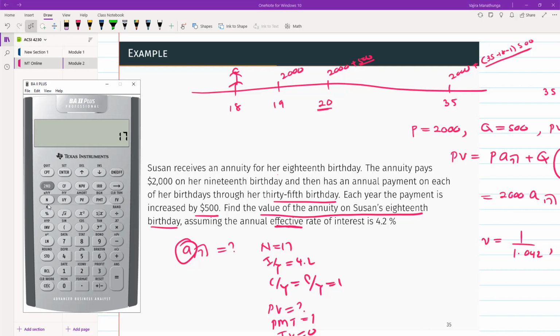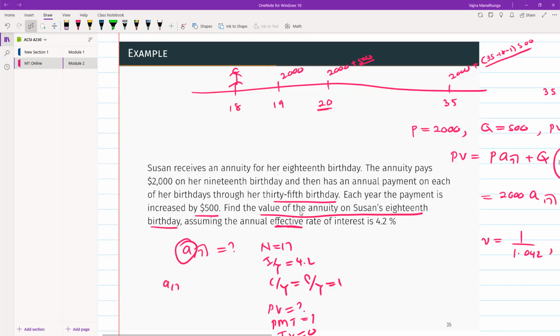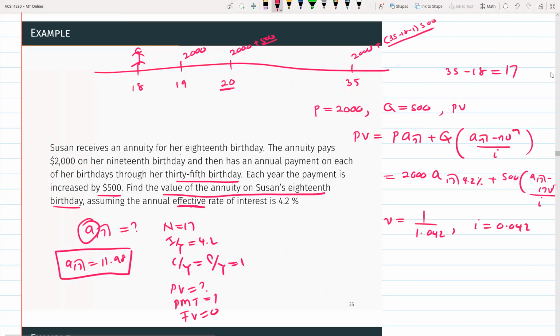Did I enter that? Okay, so compute present value. It's going to be negative 11.98. So A17 is 11.98. A negative sign is actually a symbol of whether payments are coming to us or going from us. So we use just the absolute value, which is 11.98. Okay, so now I can substitute those values.